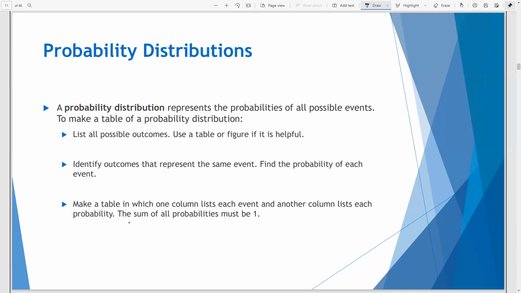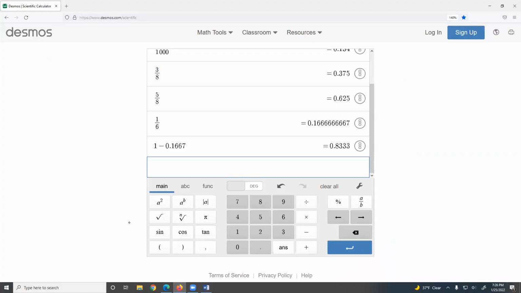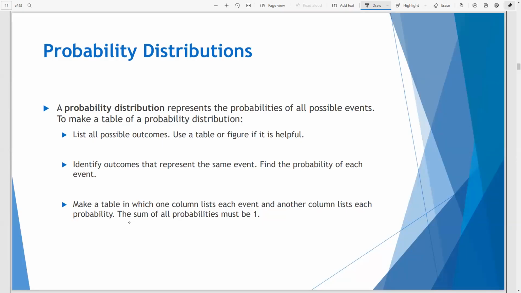Identify the outcomes that represent the same event, find the probability of each event, then make a table where one column lists each event and another column lists each probability. The sum of all the probabilities must be 1. We'll do it by example to see what that means.